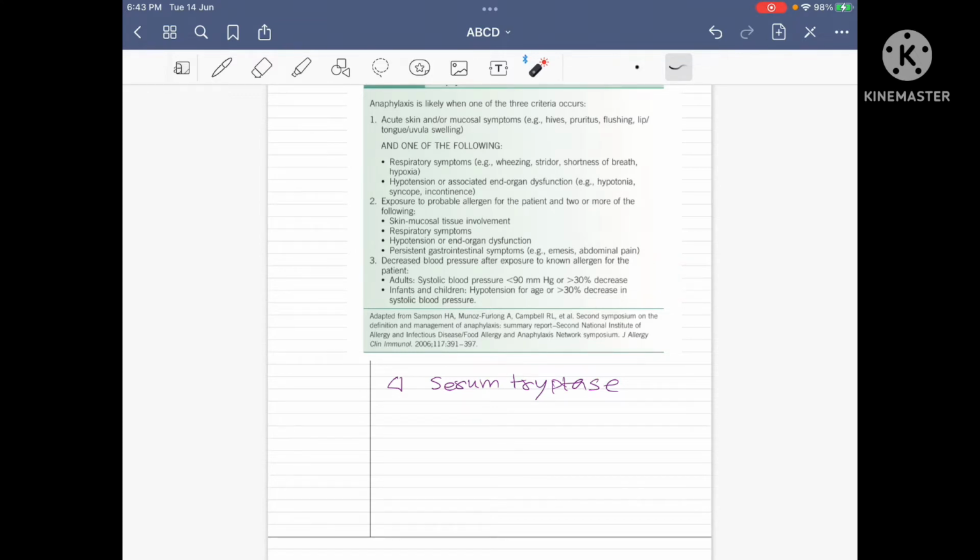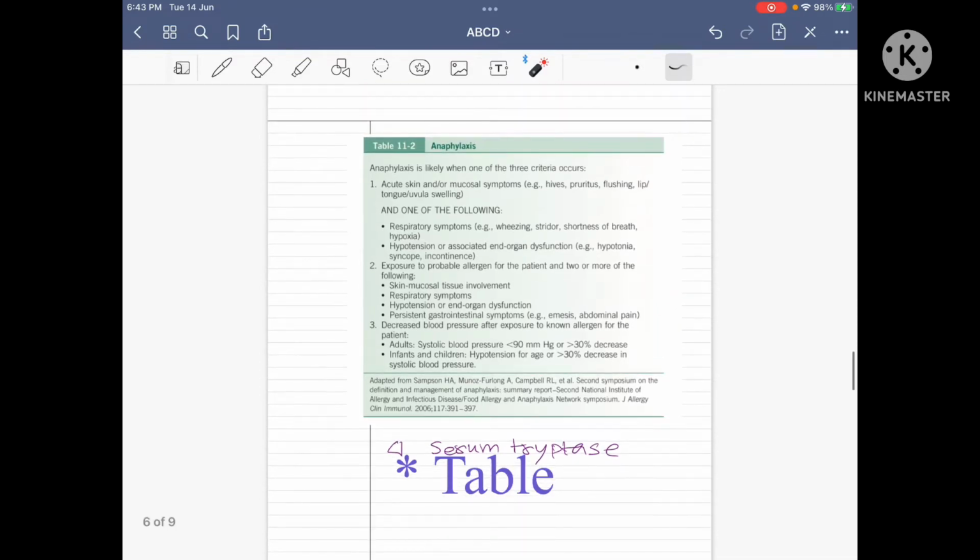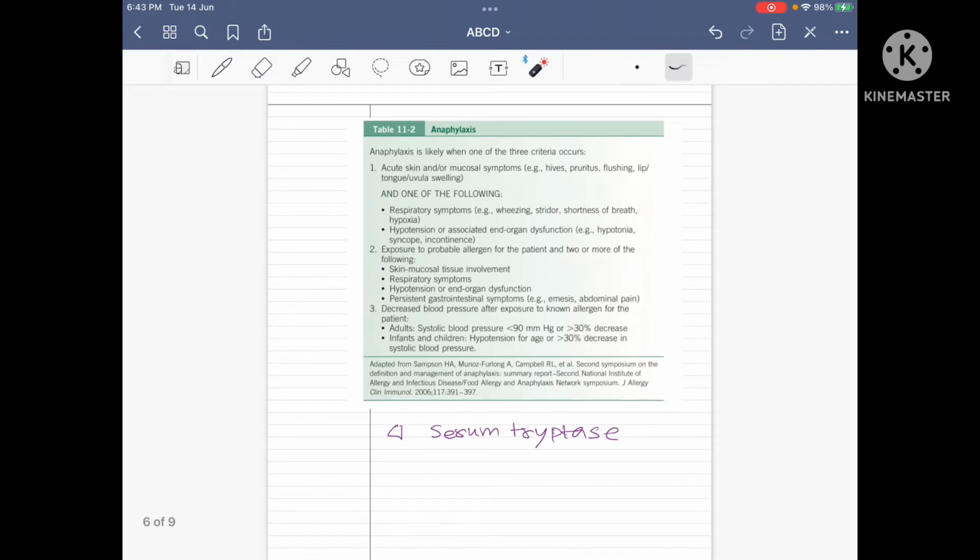In adults we say SBP less than 90 mmHg or more than 30% decrease from baseline; in infants and children there is a difference. This chart is taken from the Washington Manual. So in a nutshell, a patient should have skin symptoms with respiratory, CVS or GI symptoms, and that makes the diagnosis of anaphylaxis.